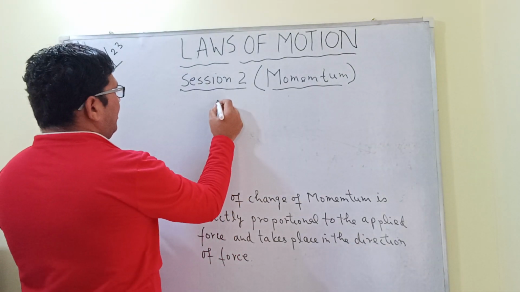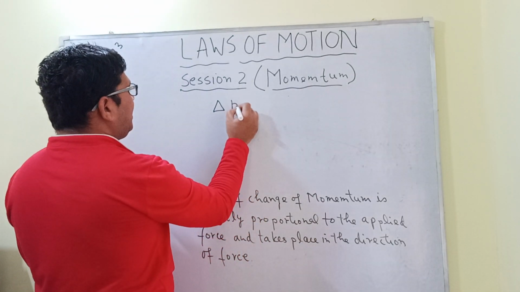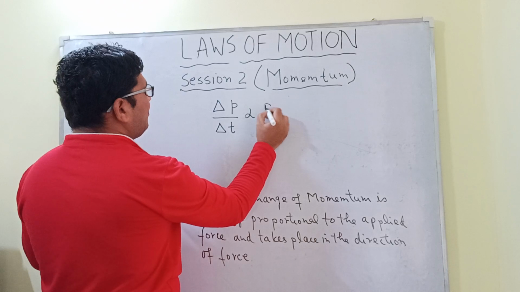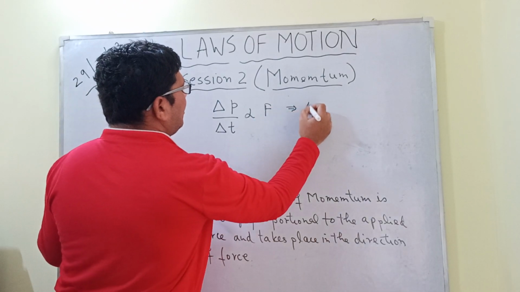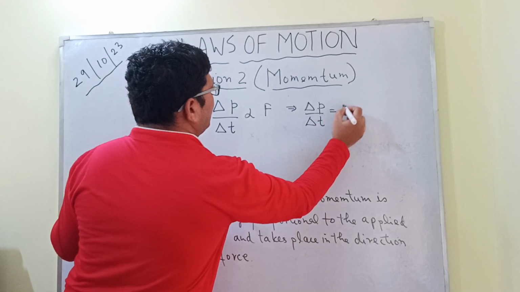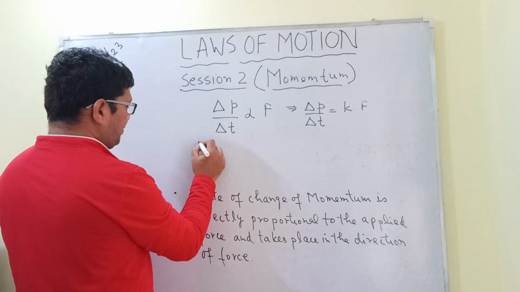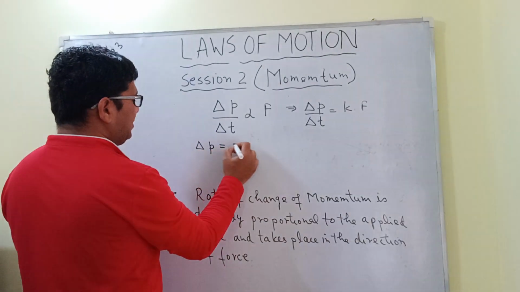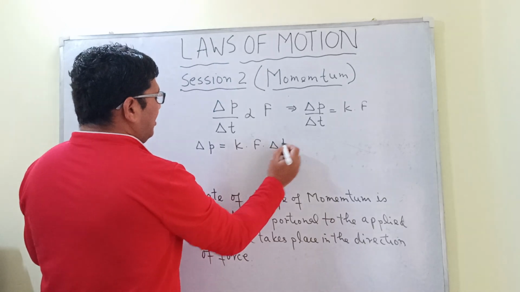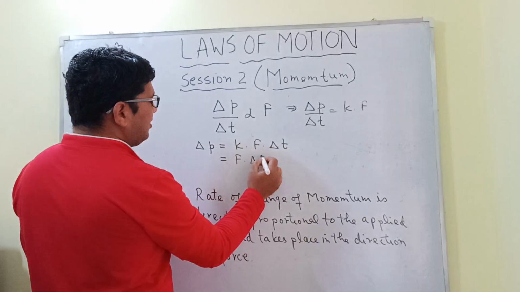That is, the rate of change of momentum, that is delta p upon delta t, is directly proportional to the applied force. It implies that delta p upon delta t is equal to K into F, where K is the constant of proportionality, or we can say that delta p is equal to K F into delta t.